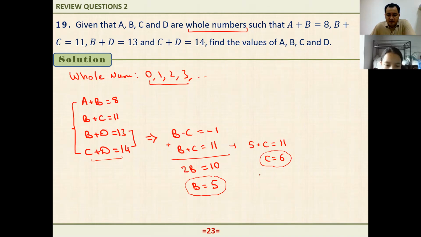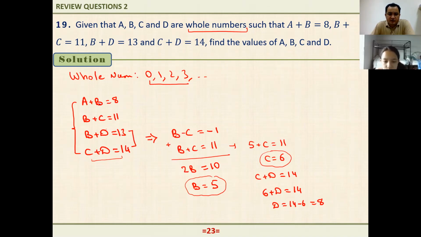Use this equation, C plus D is equal to 14. I know the value of C. Substitute here, 6 plus D is equal to 14. Then what is D? Subtract 6 from both sides. So here we have 14 minus 6, that's equal to 8.